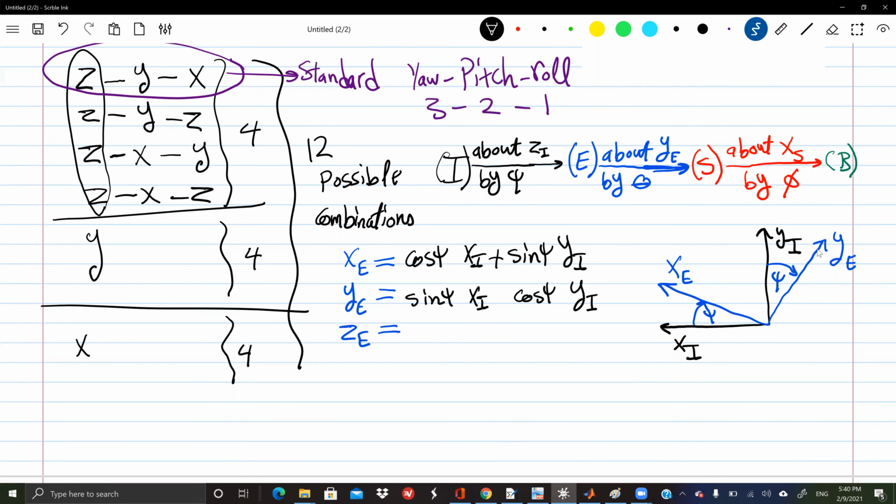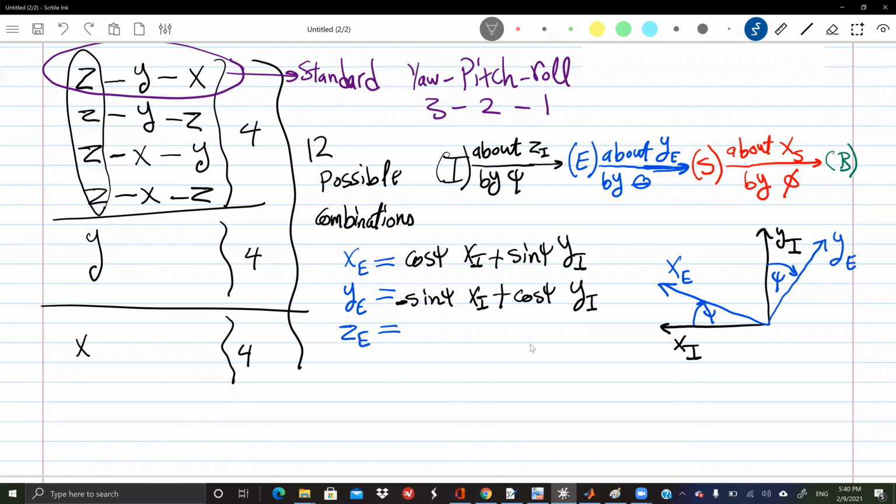The relation between YI and YE, they are in the same direction, so this is positive. But YE and XI are opposite each other, so this is negative. Any question about the second line? It's just simple component by component.